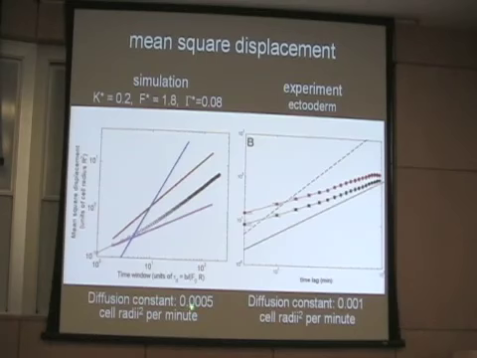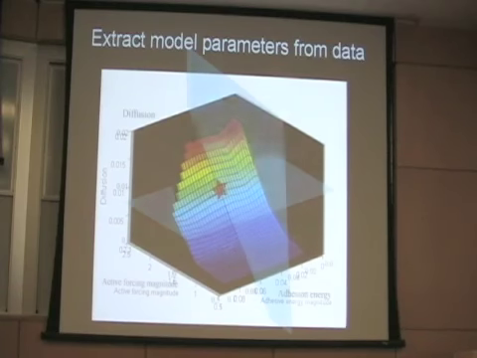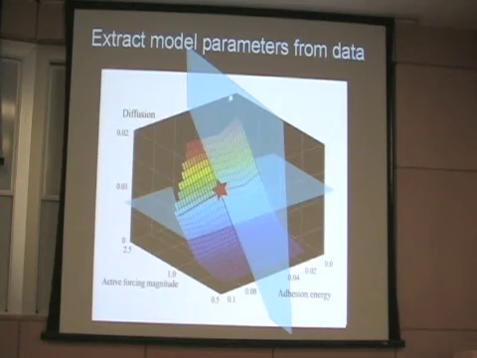But then when you extract the diffusion constant with these simulation parameters, it's a little too small. And so what you can do is run a whole bunch of simulations with a lot of different parameters, and then you can measure what this adhesion energy is, and then you can say, okay, I know what the diffusion constant is in my experiment, so that gives me one of the parameters that I need for my model.